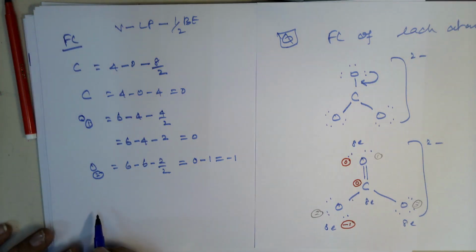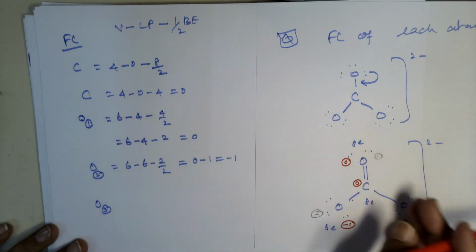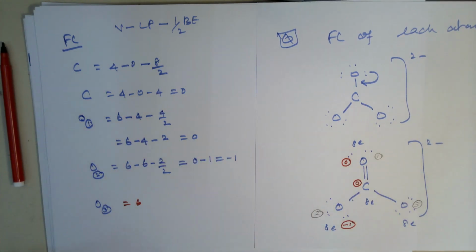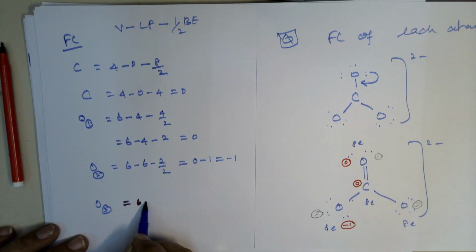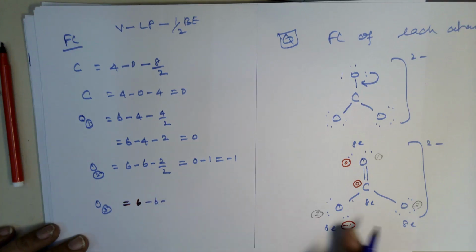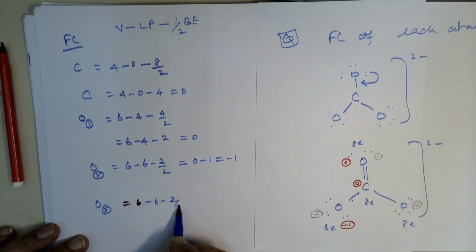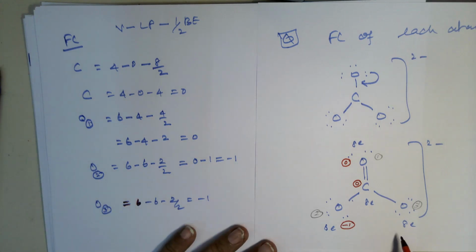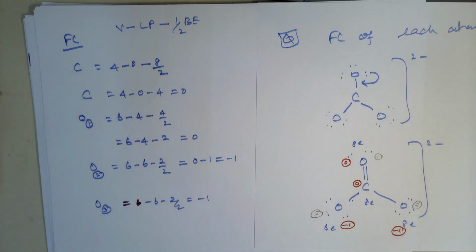Go to the next one, O3. And this is also the same setup. So 6 minus 6 minus 2 by 2 is equal to minus 1. So it has got minus 1. Will you follow? So this is the way you have to find out.